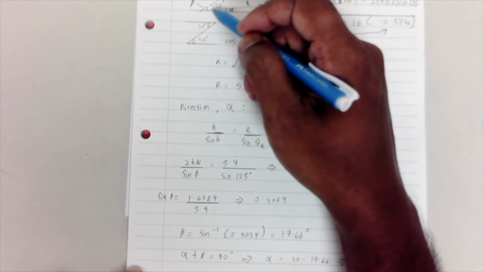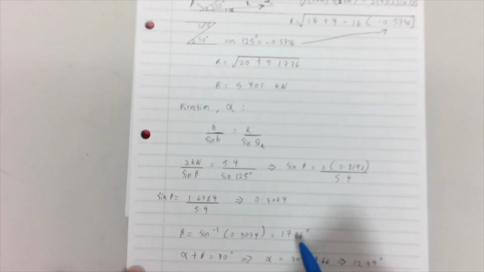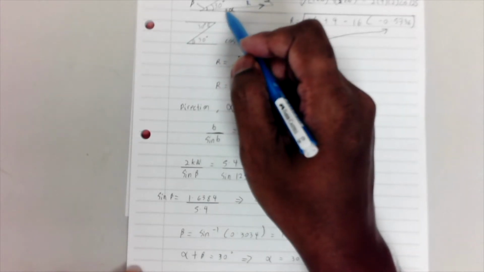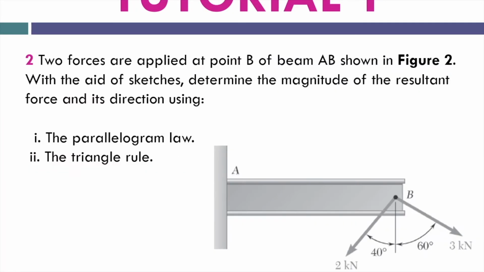We already know this overall value is 30, so 30 minus 17.66, we will get the value of alpha here. Okay, 12.34, this part.